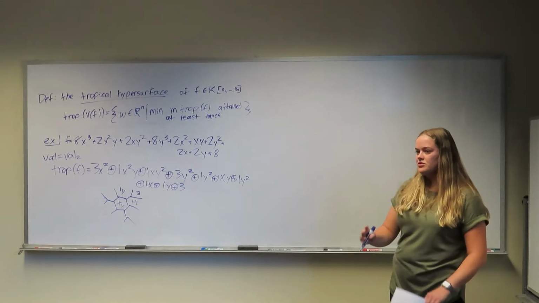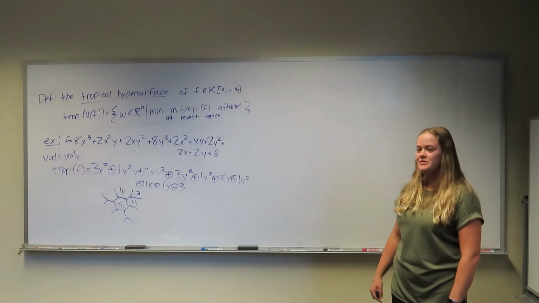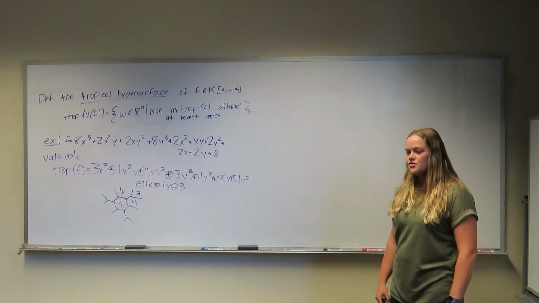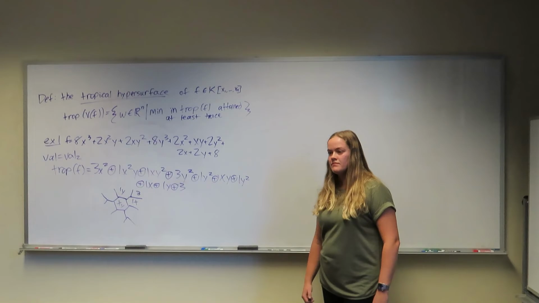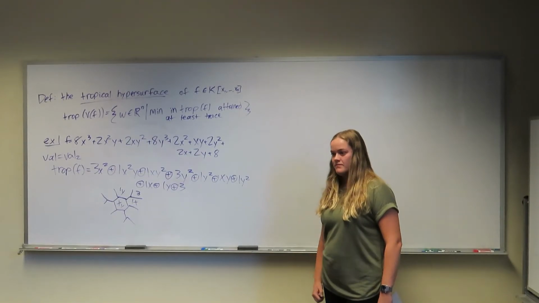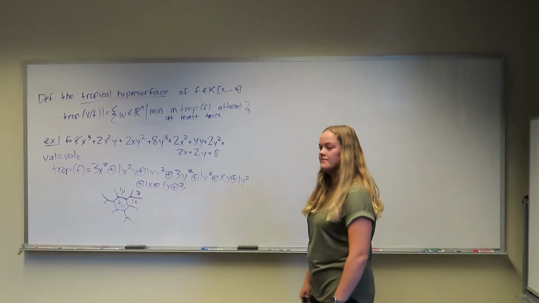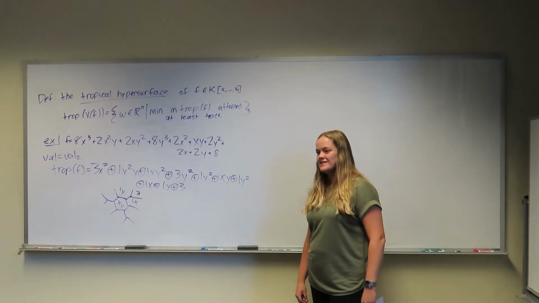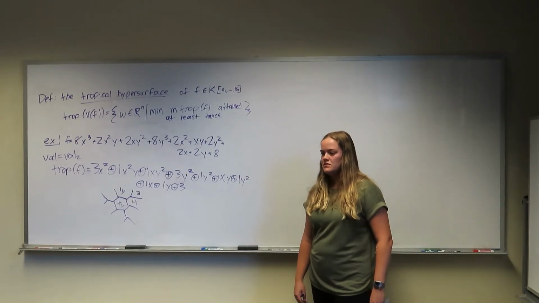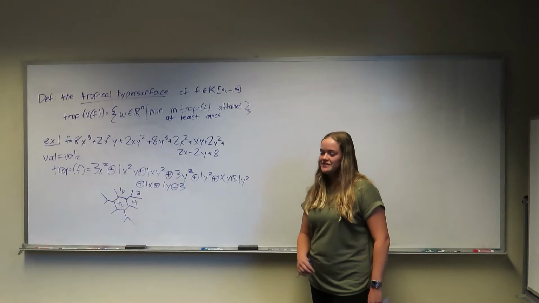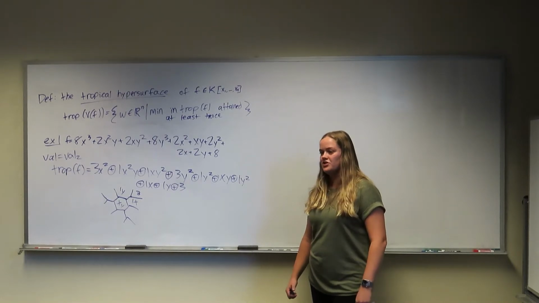It's not quite a zero set because it's when the min is attained twice, not when the tropical function equals 0.